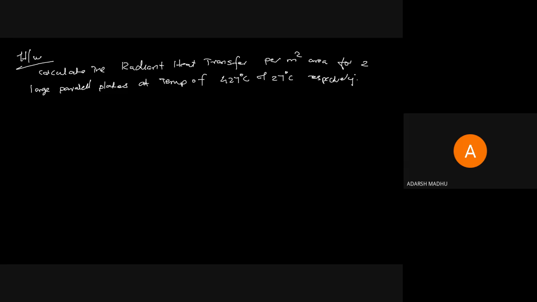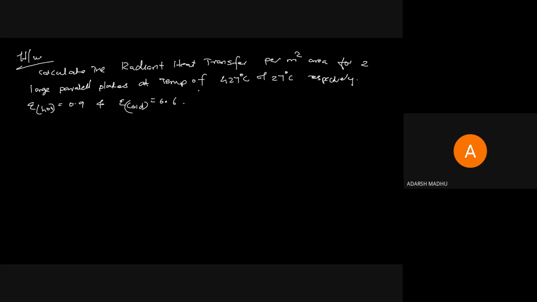So one is a hot plate and one is a cold plate, right? Very hot and very cold. The emissivity of the hot plate is 0.9 and the emissivity of the cold plate is 0.6.